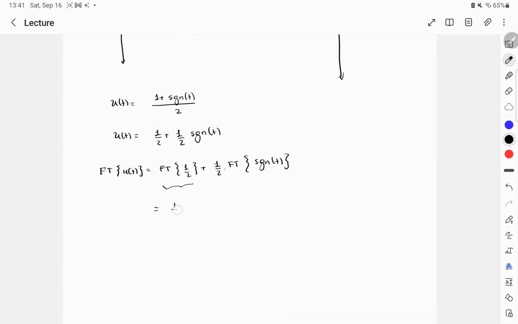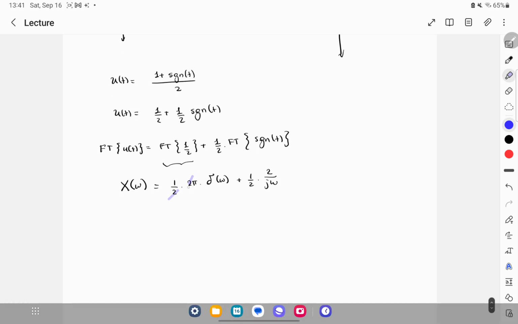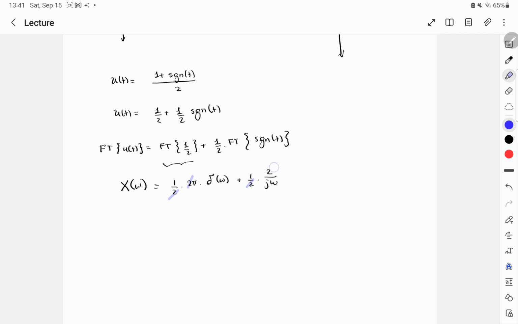The Fourier transform of 1 over 2 is 1 over 2 times 2 pi times delta(omega), plus 1 over 2 times the signum function's Fourier transform, which was 2 over j omega. Here we have X(omega), and we just need to simplify these.